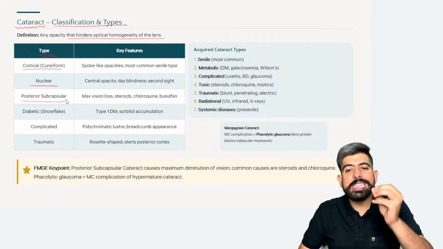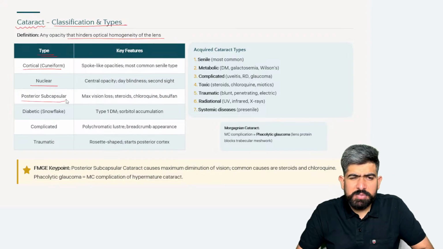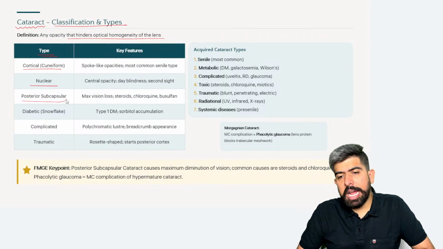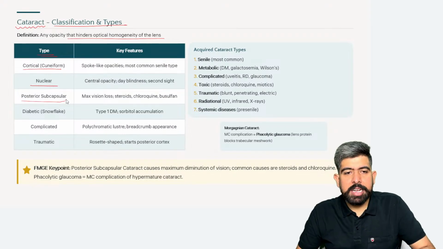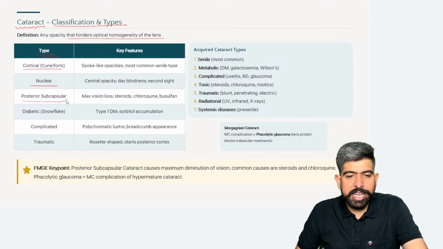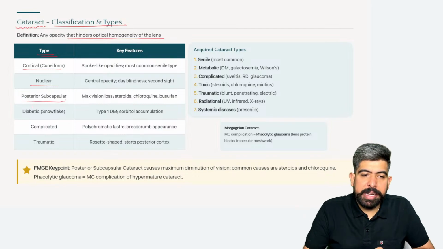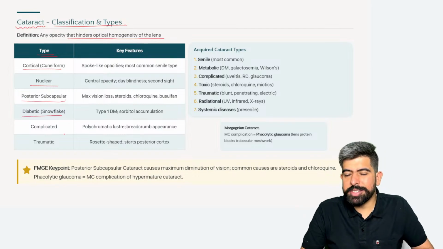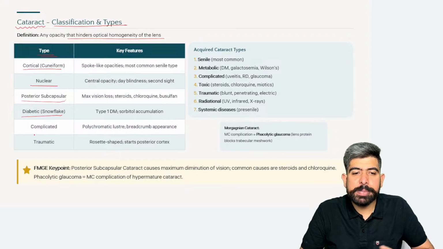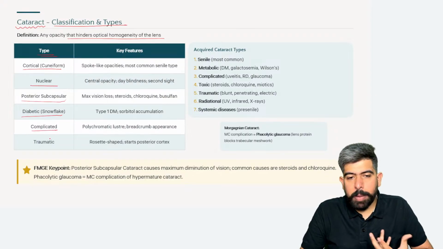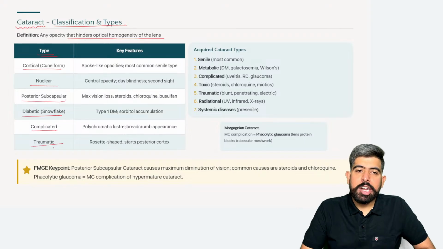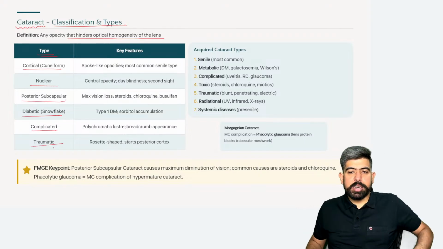Next we have the diabetic cataract, a snowflake cataract, seen in diabetes patients, metabolic disease patients. Also we have the complicated cataract, and last the traumatic cataract. So we have these types of cataracts.